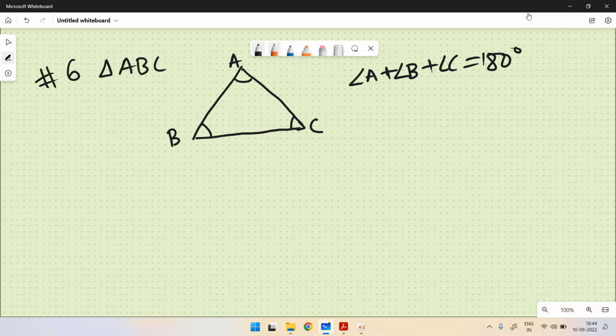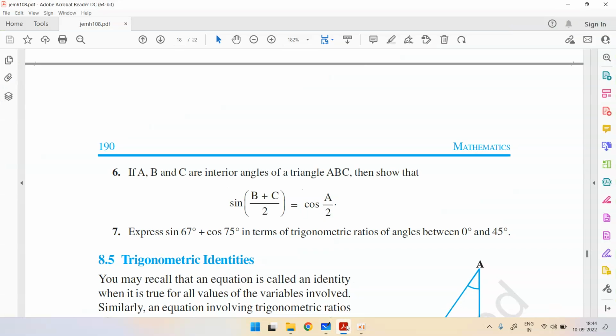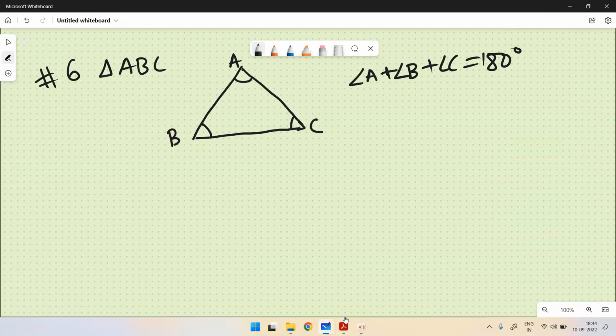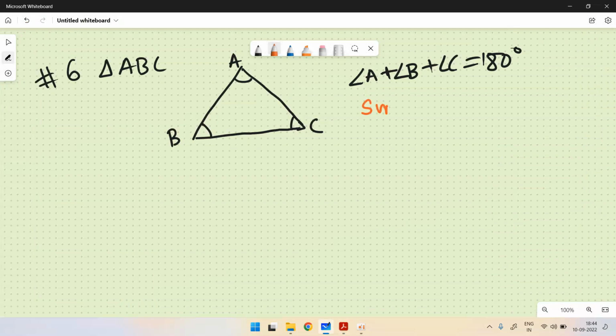Now we need to prove that sine of (b plus c) by 2 is equal to cos of a by 2. Let me take this as expression 1.